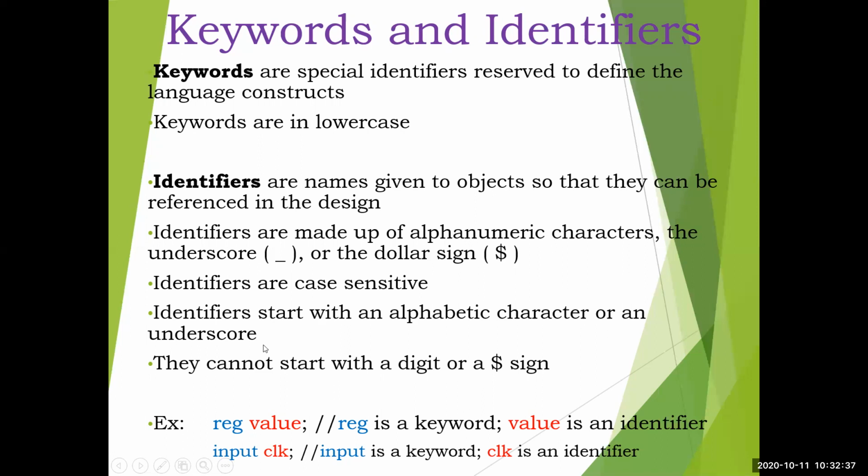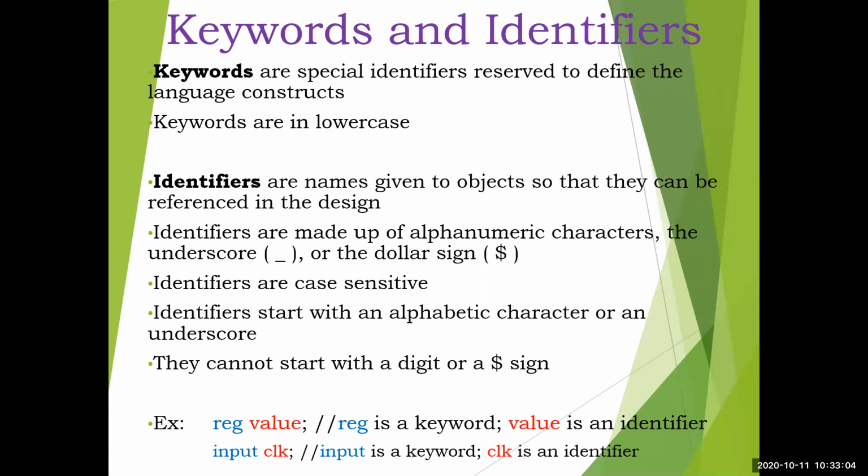It can start with an underscore and a character, but a dollar sign should not be there, because the dollar sign has a special significance we will be learning in the next videos, system directives. They cannot start with a digit or a dollar sign. So numbers 0 to 9 you cannot use, and dollar sign you cannot use. Underscore and alphabets you can use.